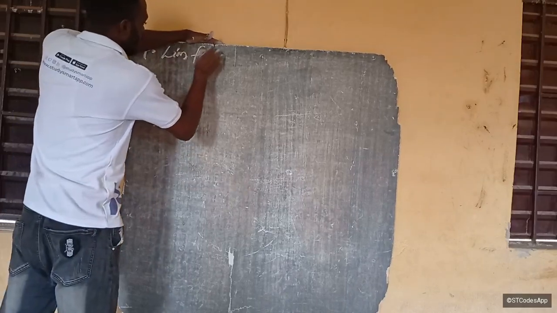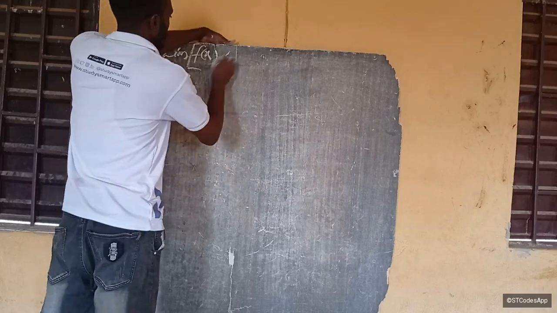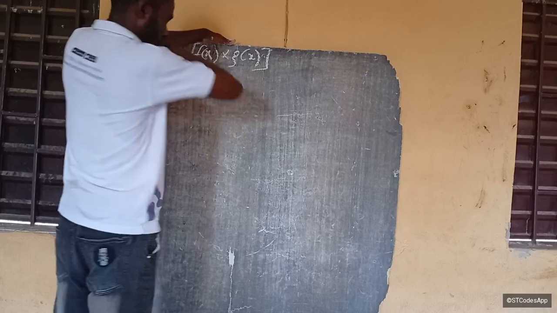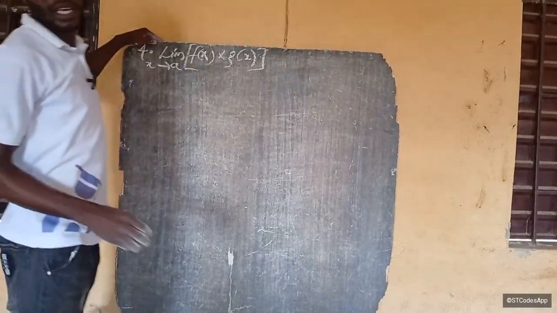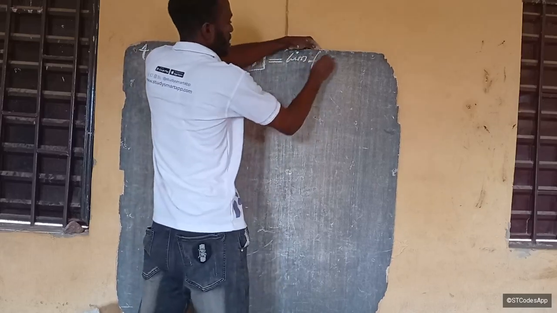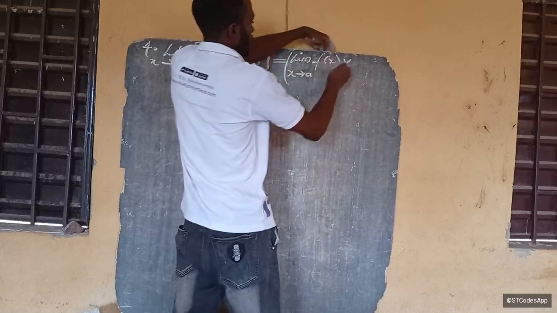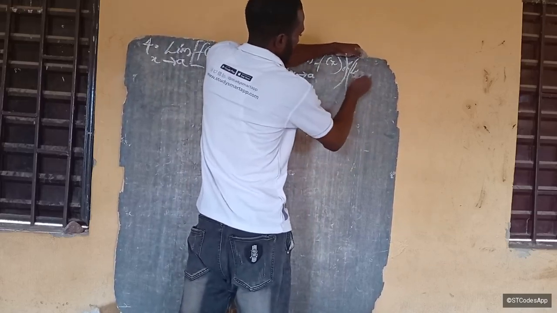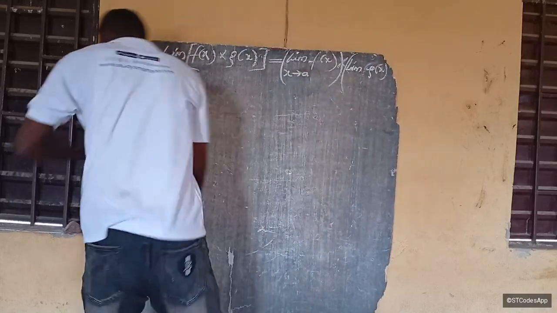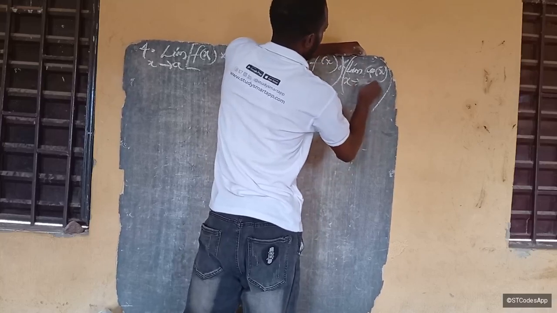That is the limit of f of x multiplied by g of x as x tends towards a is going to be equal to the limit of f of x as x tends towards a times the limit of g of x as x approaches a.